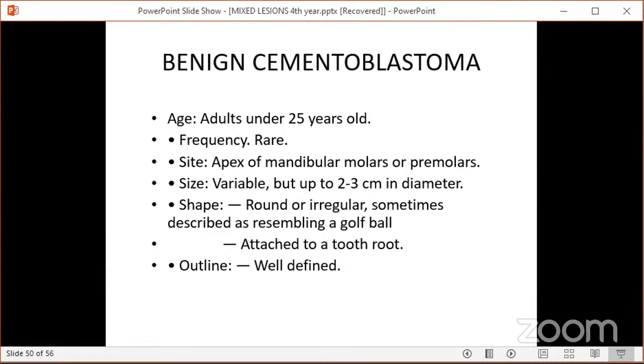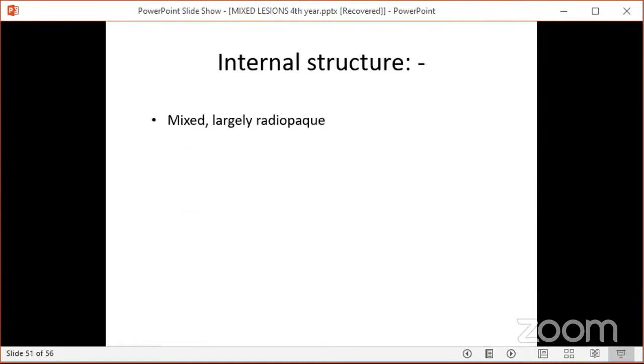It is located at the apex of the mandibular molars or premolars, and the size is variable, about 2 to 3 centimeters in diameter. The shape is usually round, but may be irregular. Sometimes it's described as resembling a golf ball attached to a tooth root. It's usually well defined.